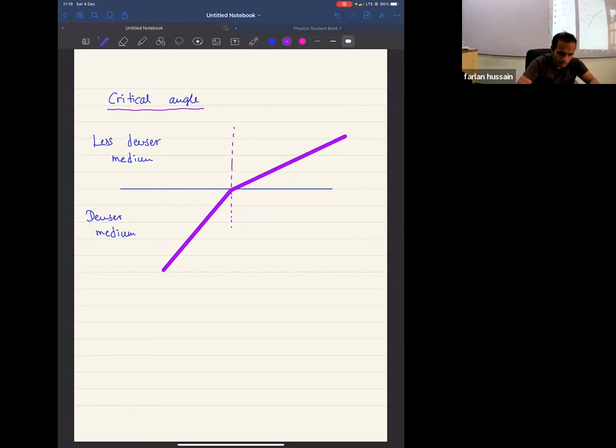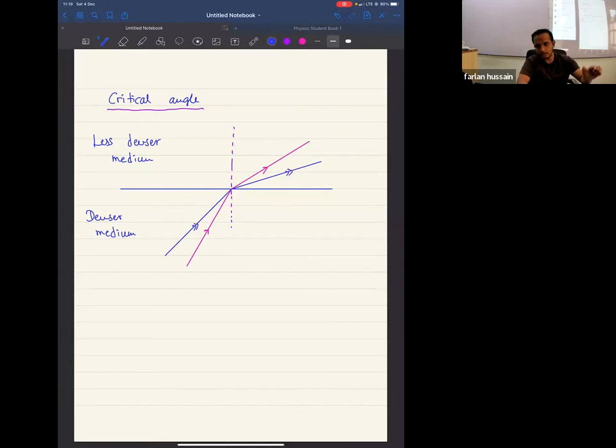Now, when you increase the angle of incidence, let's say for this angle of incidence, it bends away like this. And then when you increase the angle of incidence further, it bends away like this. Okay, you increase the angle of incidence, the angle of refraction will also increase.